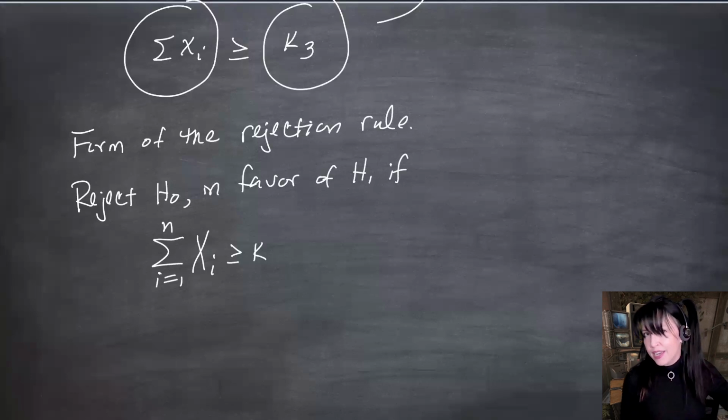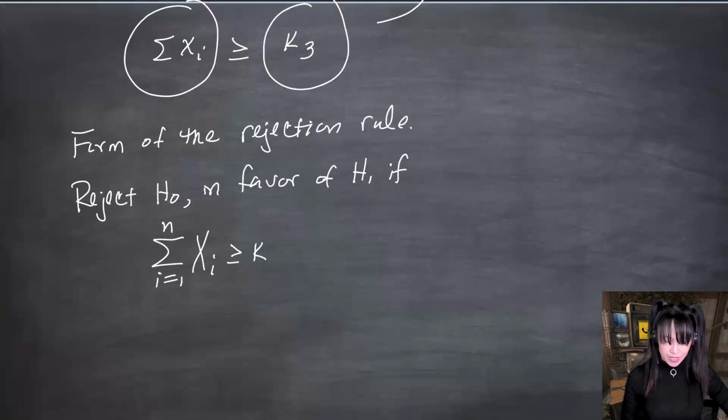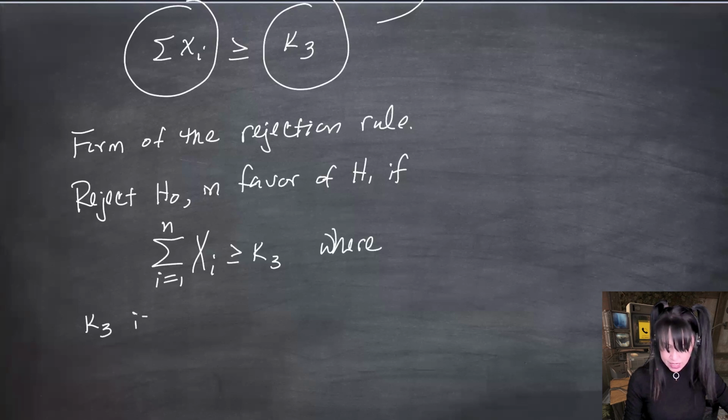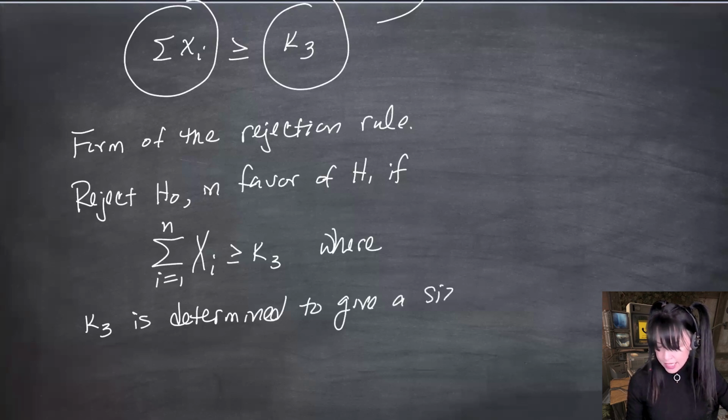I would definitely just call it k. It's just some constant at this point, but I don't want anyone to take me literally if I write k there, because I had a k before, so I'll write greater than or equal to k3, where k3 is determined or chosen to give a size alpha test.